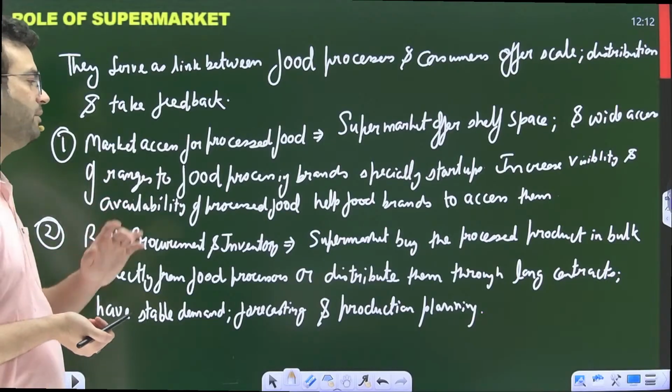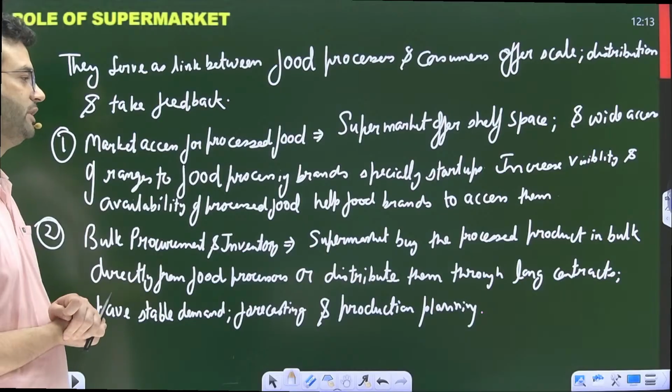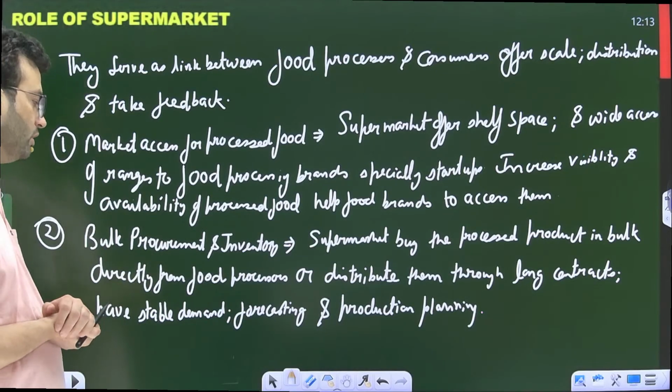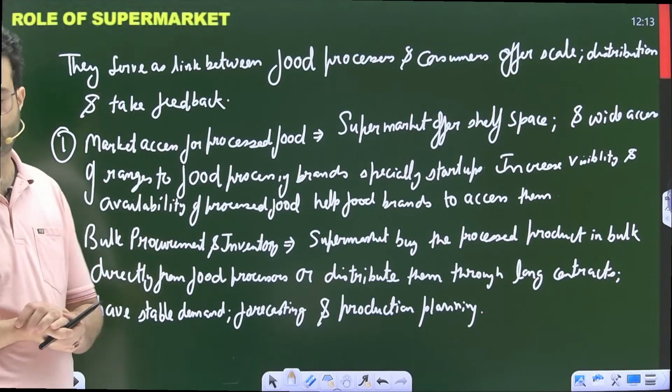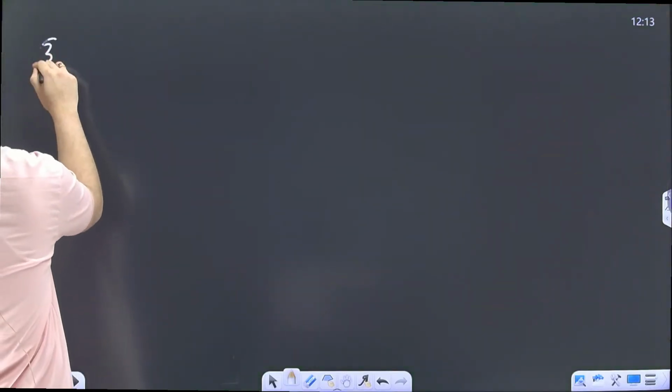So, bulk procurement and inventory: supermarkets buy the processed product in bulk directly from food processors or distribute them through long contracts, have stable demand forecasting and production planning.